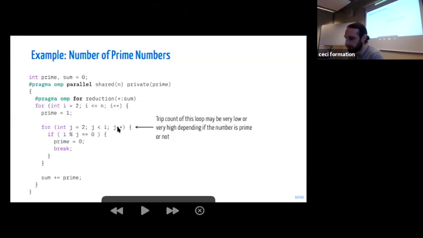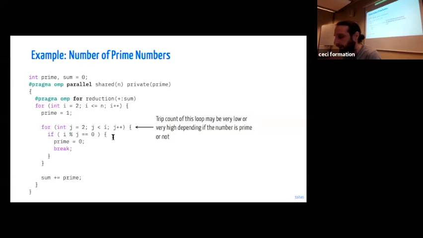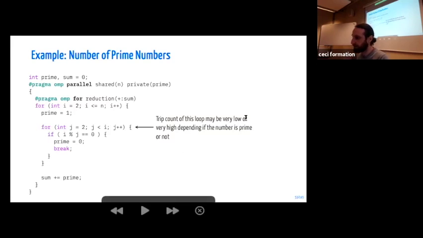A typical example is when you have a loop with a non-constant trip count. It may vary because you have an early exit. It means that this loop will break, or if it's a prime number, it will go through the full iteration space. So the amount of work that each thread will execute is uncertain.